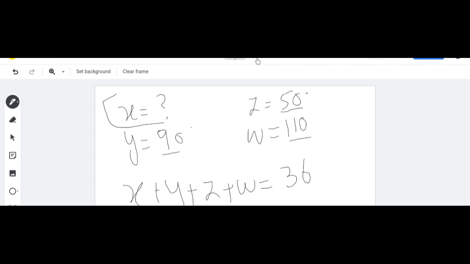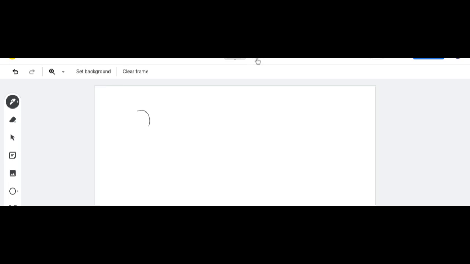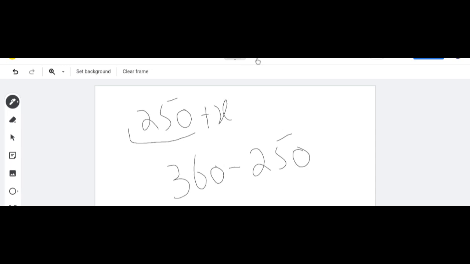When I add all of these numbers, I got 250. But I still have to find the value of x. How can I find the value of x? The answer I got from the 3 angles, I have to subtract from the total sum. 360 minus 250. Can you do this subtraction for me? Then give me the answer.